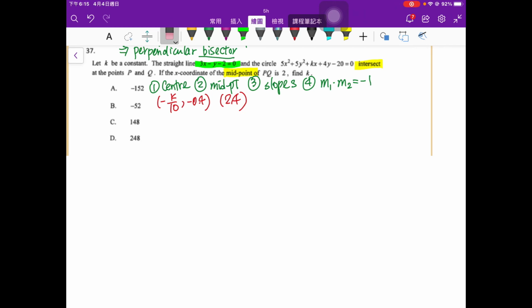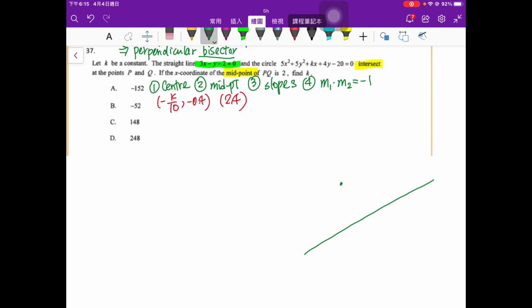The two slopes we should find out are the slope of the straight line and the slope of the center and the midpoint. I draw this graph to let you understand.